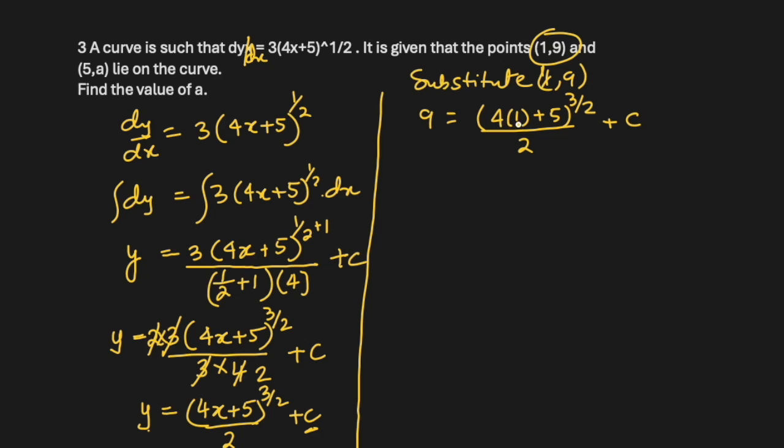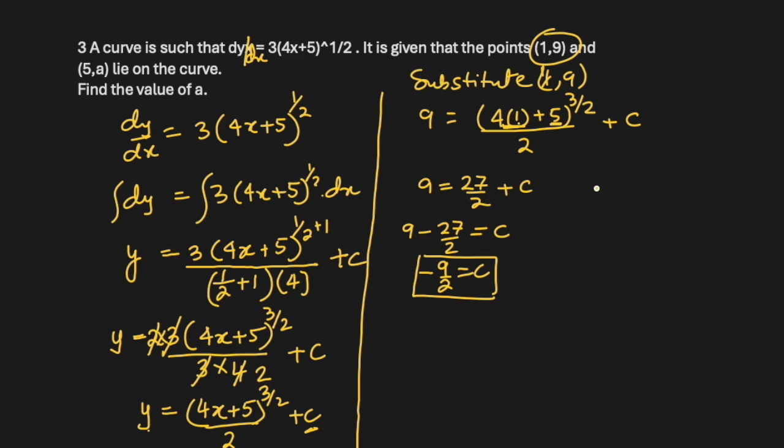So what is 4 times 1? 4. 4 plus 5, 9. And 9 to the power 3 over 2 is 27. 27 over 2 plus c. So c becomes 9 minus 27 over 2, which is 18 over 2 minus 27 over 2, which is minus 9 over 2. This is c.